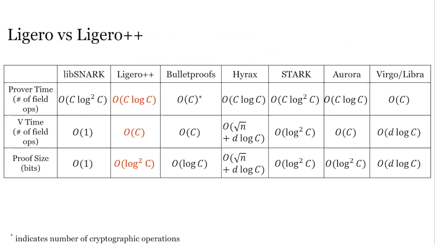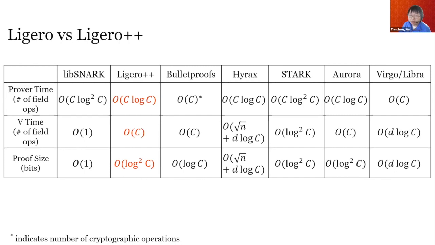Can you give a comparison of the constants to bulletproofs? Because it seems like that's the most similar scheme. Oh, bulletproofs here, it's not strictly linear, because they use a linear number of cryptographic operations. Cryptographic operations can be super expensive, so their constant is super large.